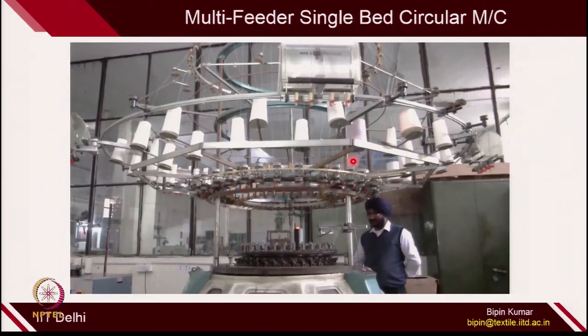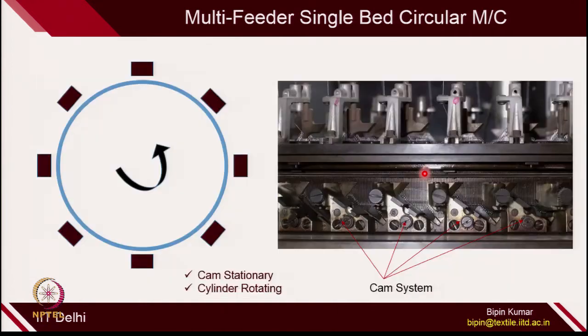In multi-feeder single bed circular machines, where you have multiple feeders, you can observe the same nature of spirality, even if you are using zero twisted yarn or filament yarn. Why does this spirality come? Because I have introduced you that in multi-feeder machines each needle makes multiple loops in one rotation.